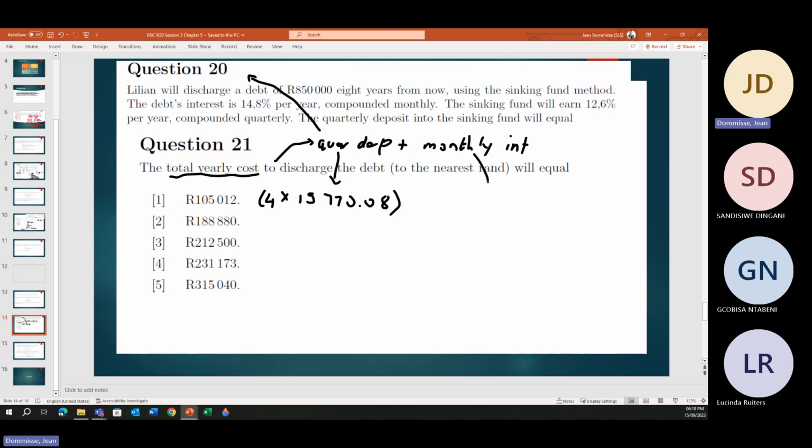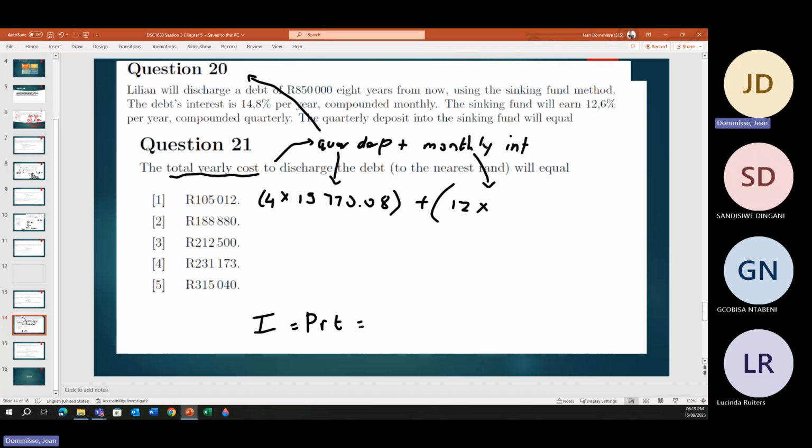Okay, so that is for the quarterly deposits that we covered. Then our monthly interest, which we need to work out, will be the second component of this. Now we go back again to study unit 3. Interest we calculate as PRT.